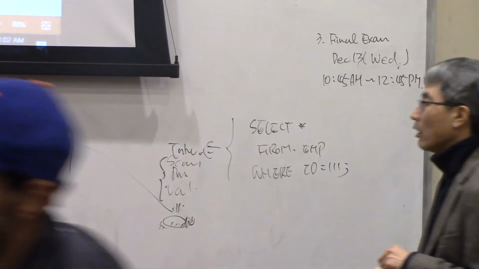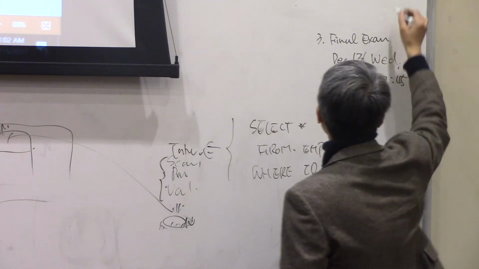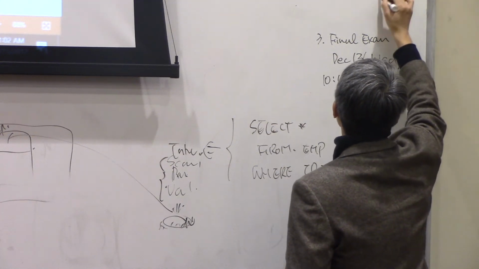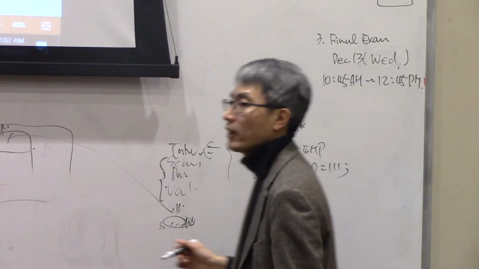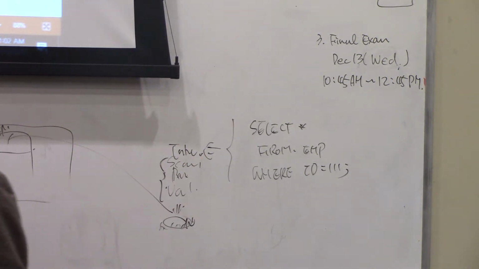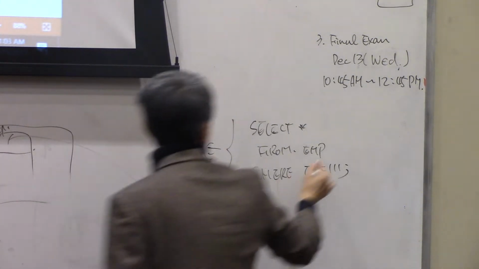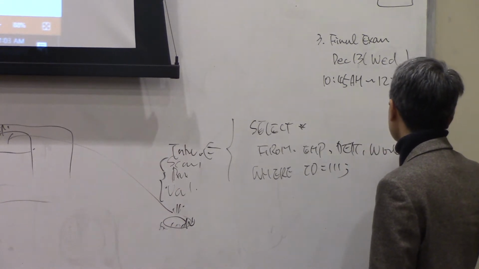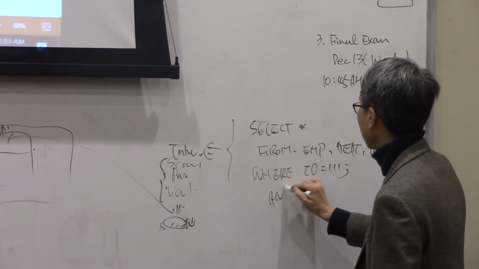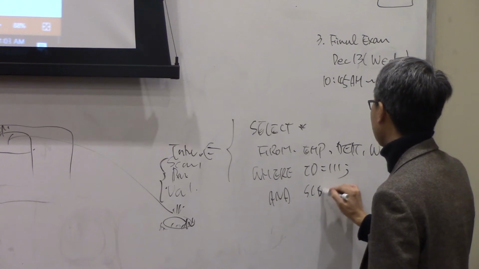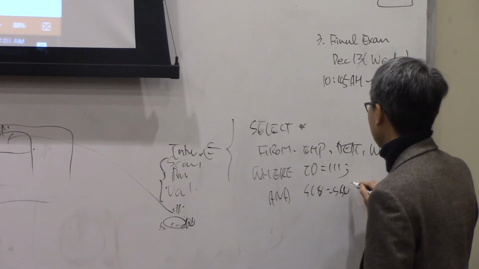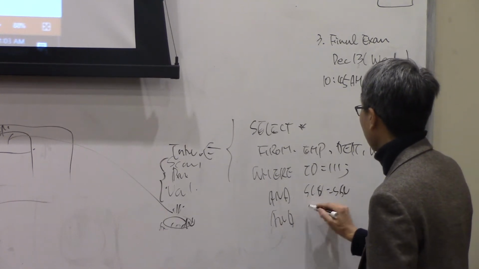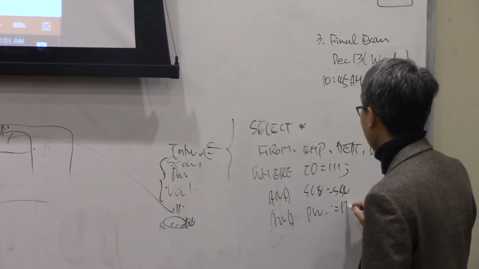Then the next main job of the query processor is optimizing. Optimizing means, as we discussed last time, when we access, for example, the department and works-on tables, where SSN is equal to SSN and the project ID is the same as the project ID.